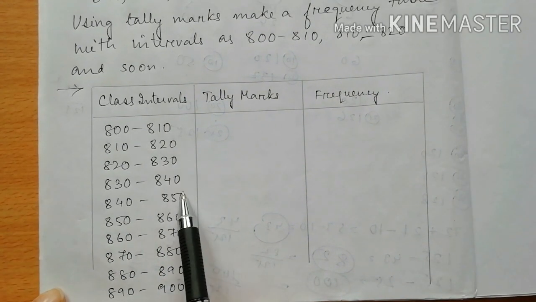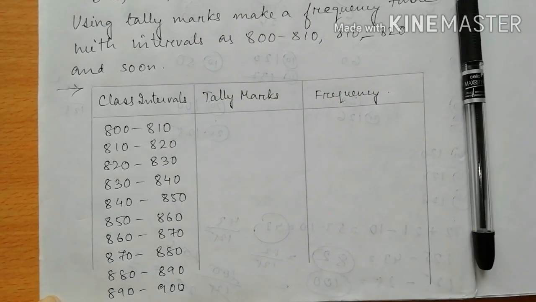One, two, three, 4, 5, 6, 7, 8, 9, 10. So we got 10 class intervals.